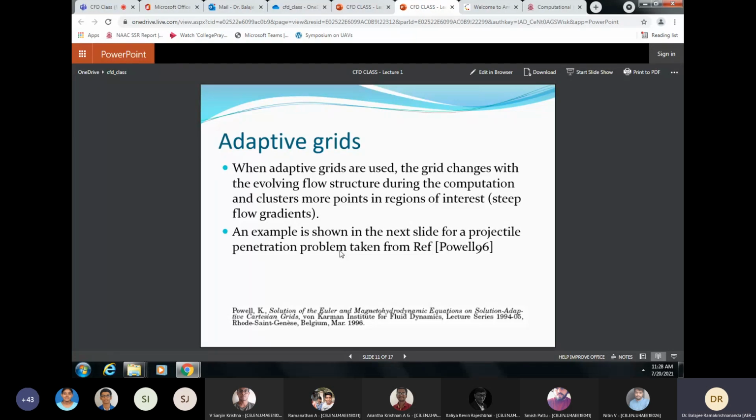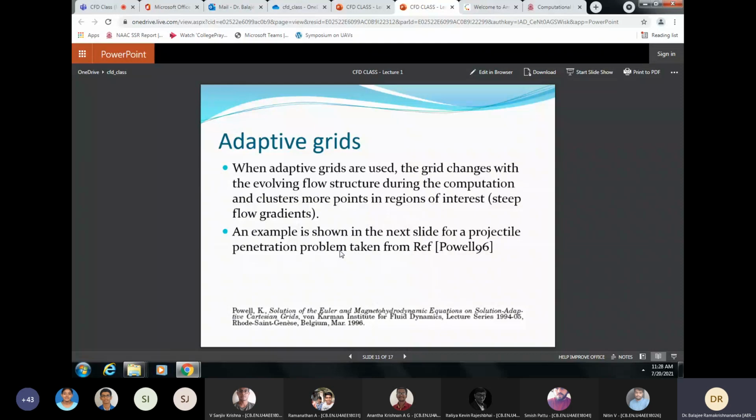So the flow gradients in the solution are used to cluster the grids now. Either put more points or redistribute the points in the grid in such a way that near high flow gradients, the grid is clustered more.